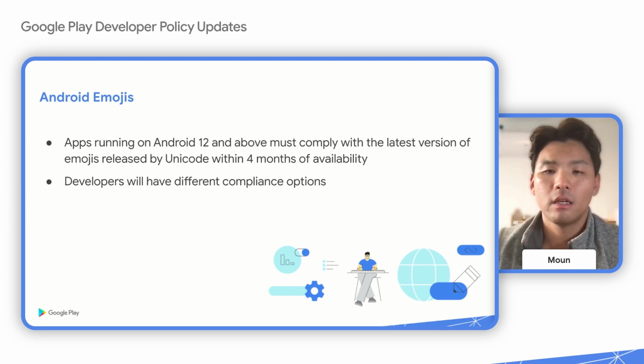As you can expect, that can be a very frustrating or confusing experience. So we're adding a new policy that requires apps running on Android 12 and above to use the latest version of emojis released by Unicode within 4 months of when it's available. Developers will have different options on how to stay compliant with this policy.